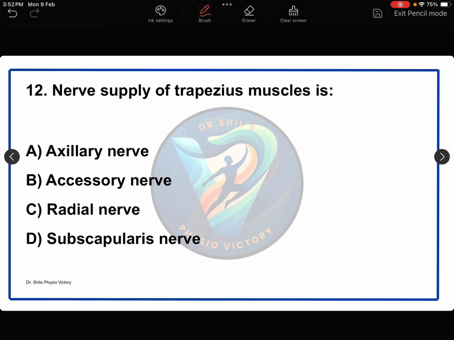Next, come to question number 12. Nerve supply of trapezius muscle is option A, axillary nerve, option B, accessory nerve, option C, radial nerve, and option D, subscapular nerve.